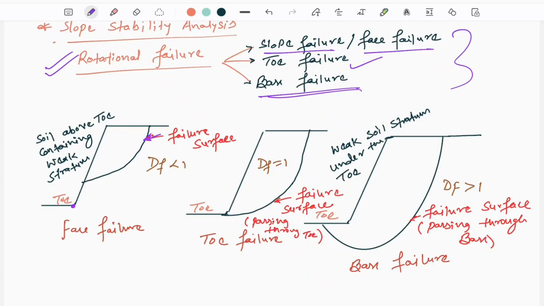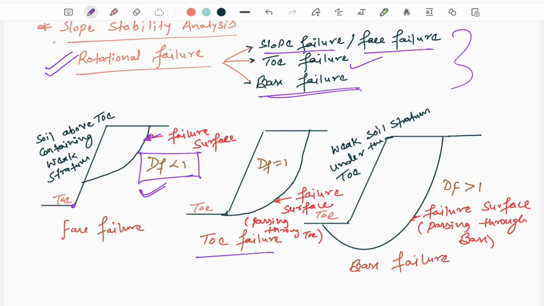This is the failure surface. So in this case, df is the depth factor. Depth factor is less than 1. We will discuss this depth factor also. Some questions were asked in the past related to the depth factor. So when face failure occurs, the depth factor is less than 1.